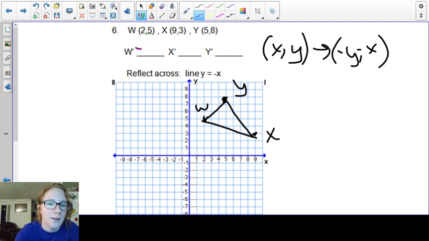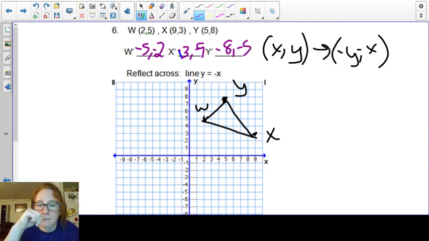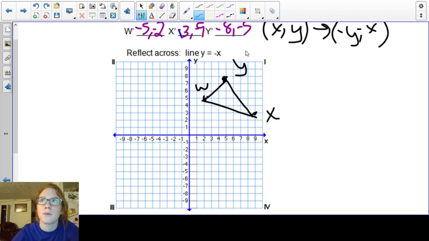So I'm going to have negative 5, negative 2. I'm going to have negative 3 and negative 9. And negative 8, negative 5. So let's go ahead and plot those.